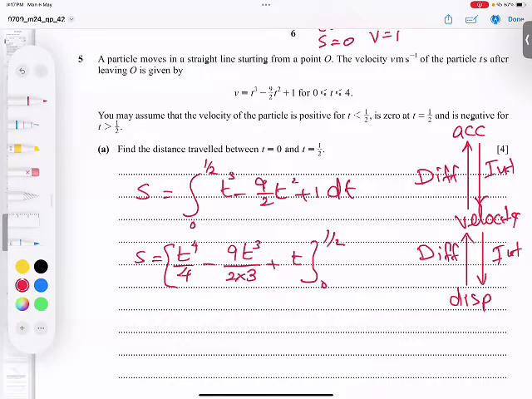And students, I just plug in the numbers. When I plug in 1 over 2 to the power 4, and this 3 cancels with this 3, I get 3 over 2.